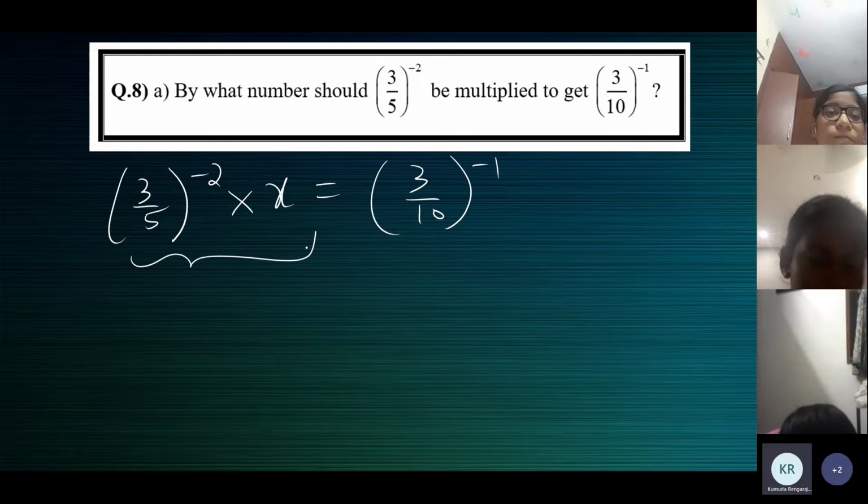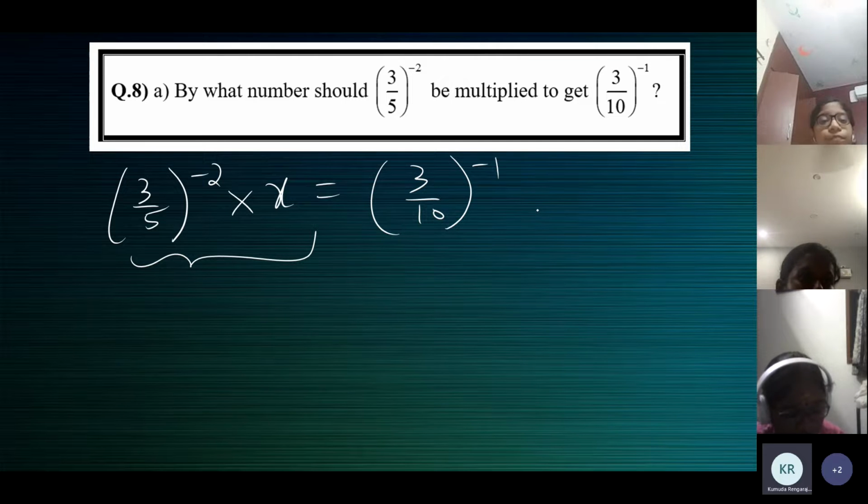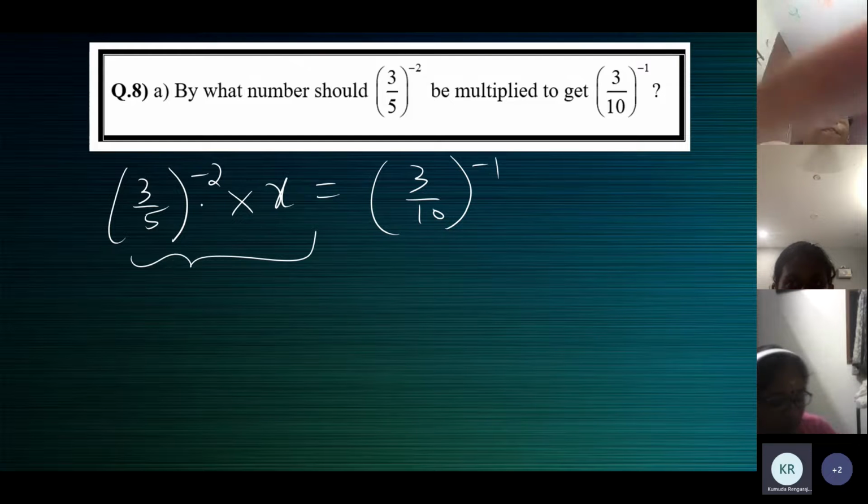It's commutative. (3/5)^-2 into x is the same as x into (3/5)^-2. Anybody can be transposed in multiplication. When you transpose, they'll go for division to the other side. You can transpose x or you can transpose (3/5)^-2.